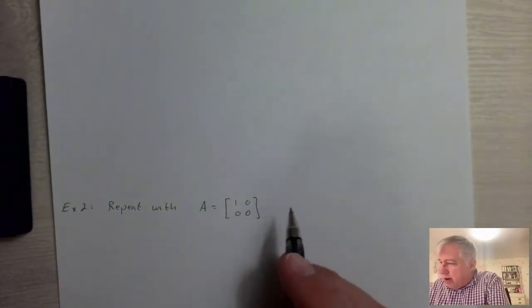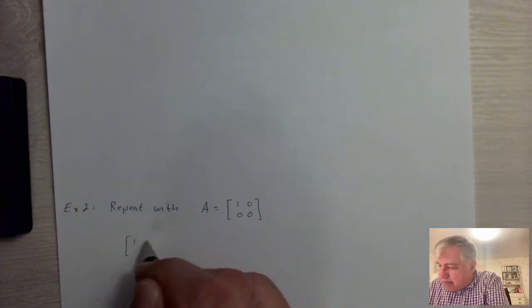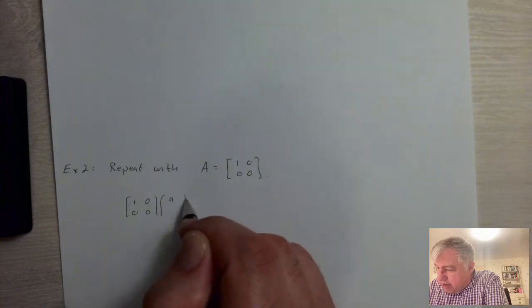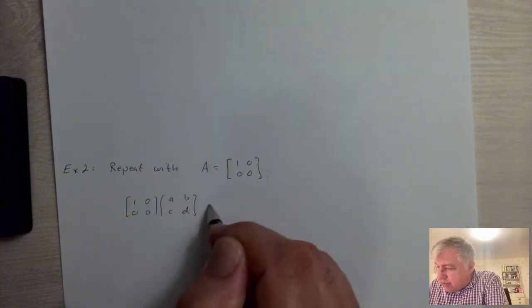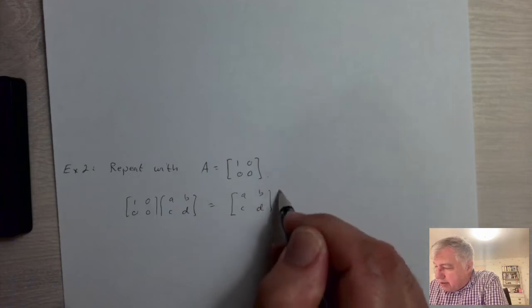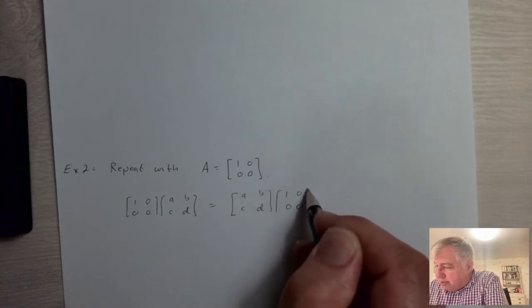So what are we talking about? What we want is the matrix 1, 0, 0, 0 times A, B, C, D to equal the matrix A, B, C, D times 1, 0, 0, 0.